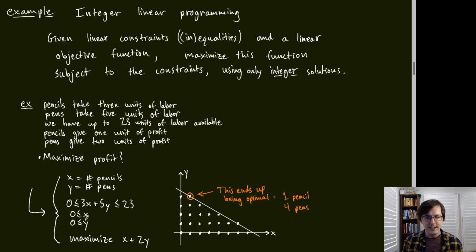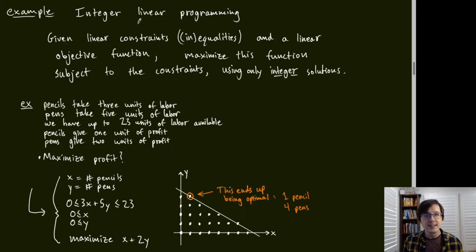Also x and y both have to be non-negative because you can't make a negative pencil or pen. And our objective function is x plus 2y, which is the profit we would make given x pencils and y pens.